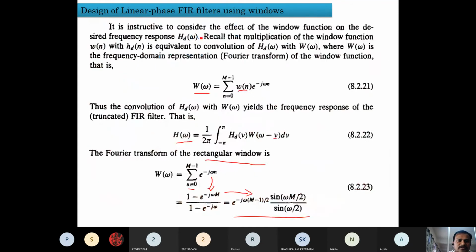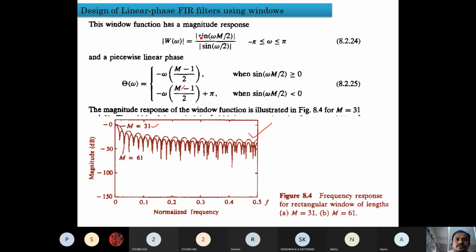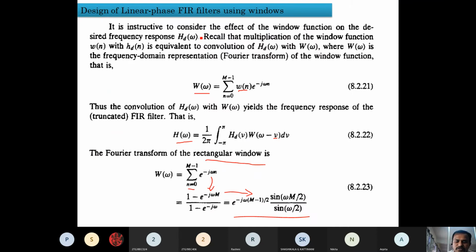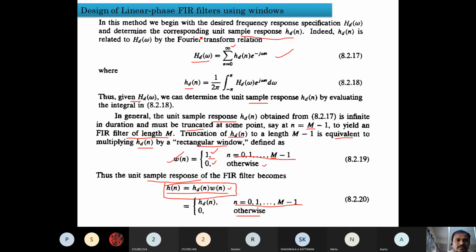They are going to ask: write the equation for FIR filter window functions. So what you need to do, you need to begin with this concept, design of linear phase FIR filters.